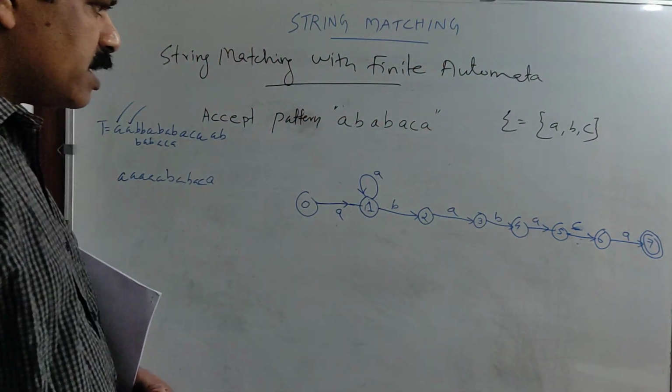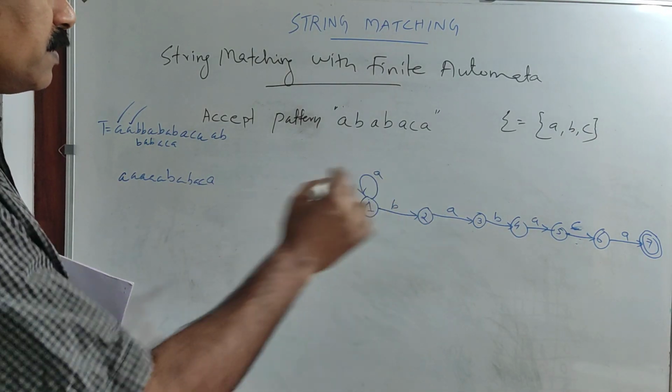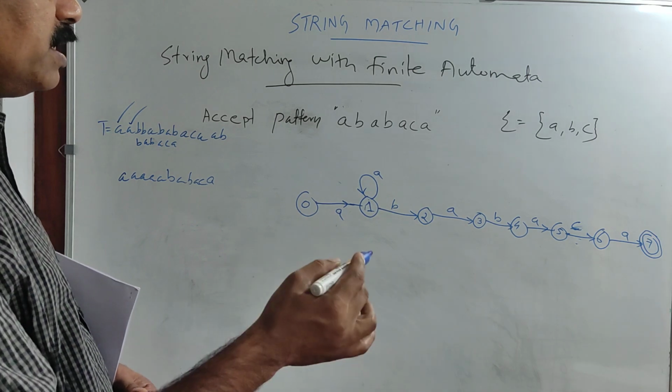So there are states 0, 1, 2, 3, 4, 5, 6, 7. These are the different states on receiving A B A C A.